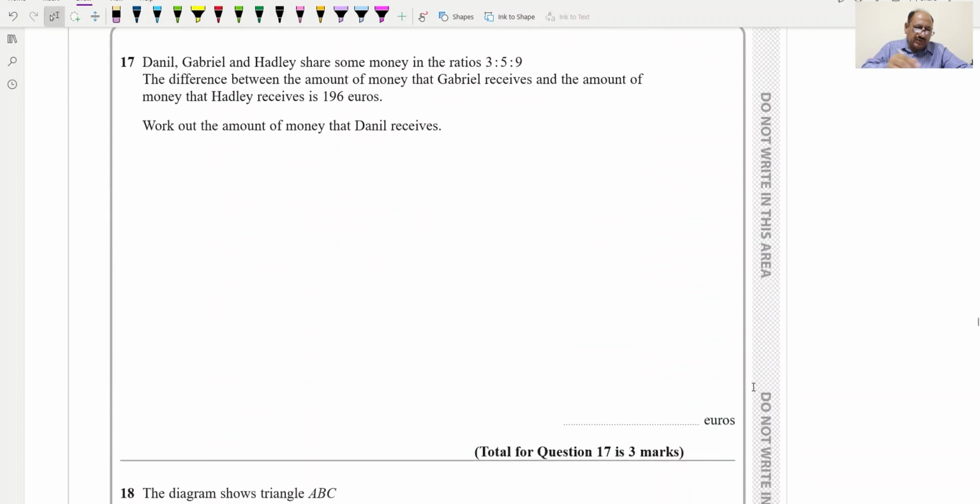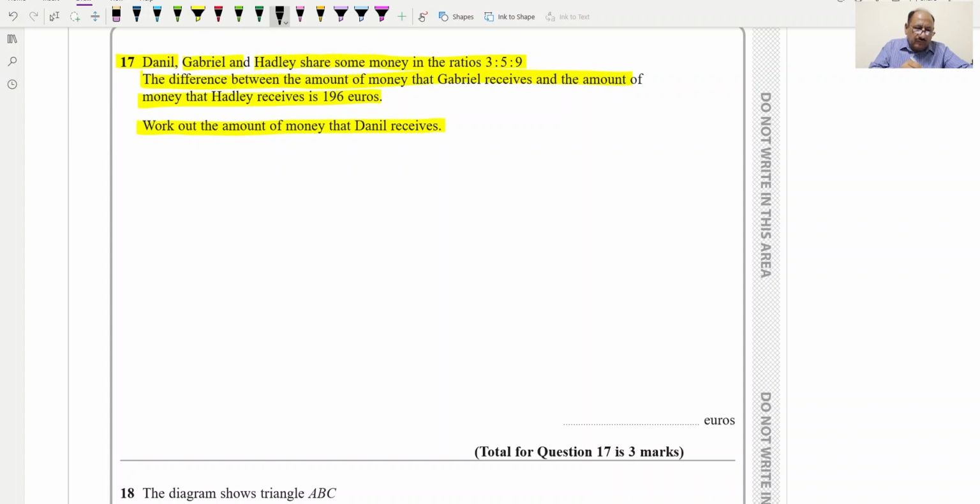Now question number 17, and question number 17 says Daniel, Gabriel and Hadley share some money in the ratio of 3:5:9, and the difference between the amount of money that Gabriel receives and the amount of money Hadley receives is 196 euros, and what we have to do is work out the amount of money that Daniel receives.